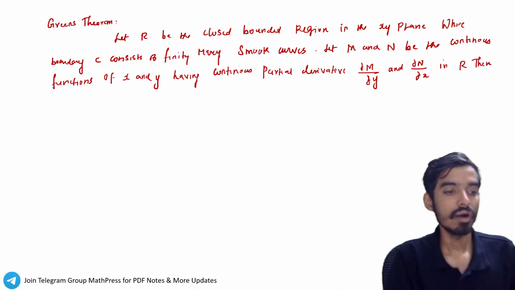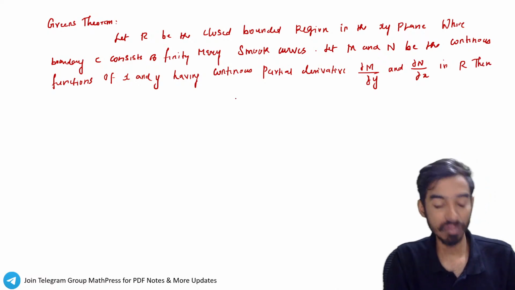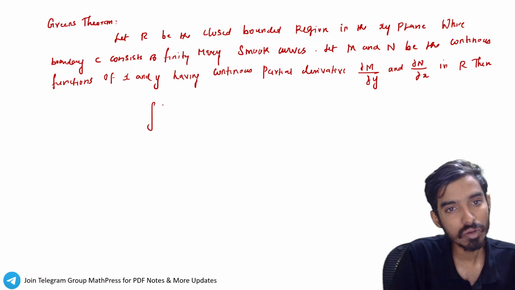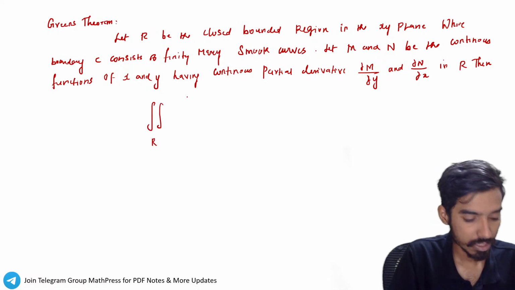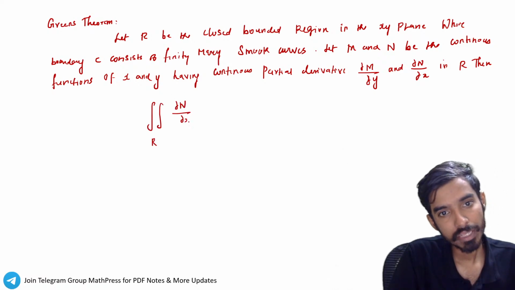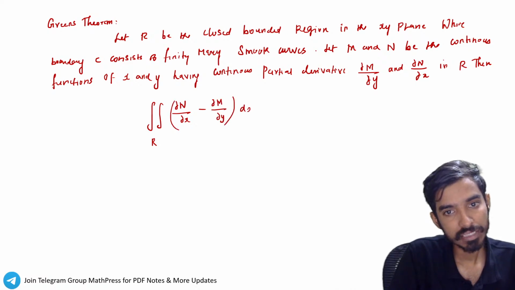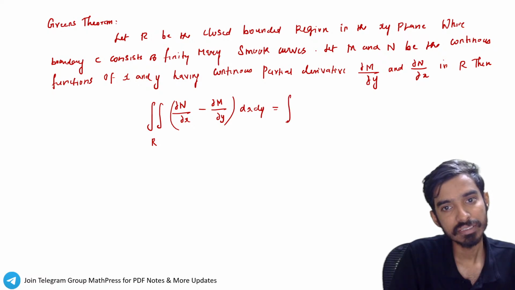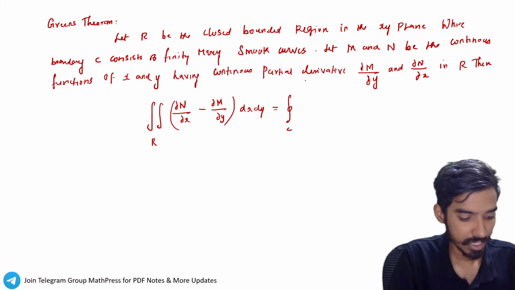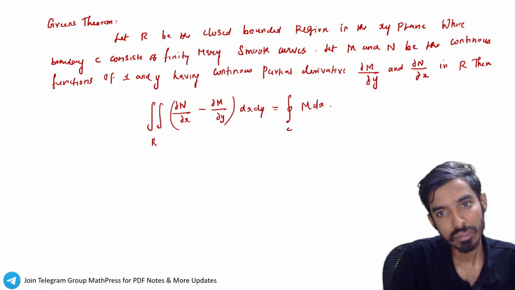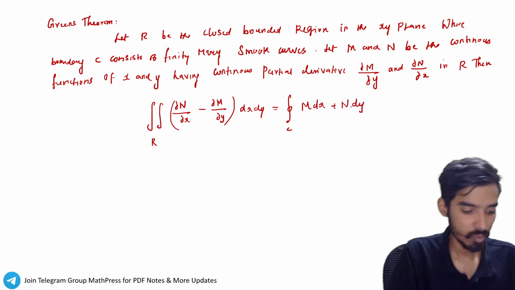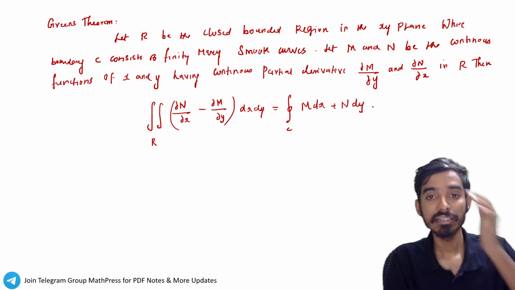Then what Green's theorem says is the double integral over R of dou N by dou x minus dou M by dou y dx dy is the same as the line integral of M dx plus N dy. That's what Green's theorem says.